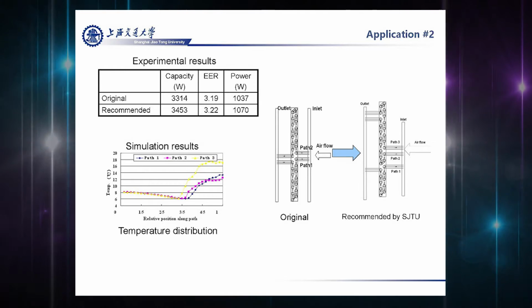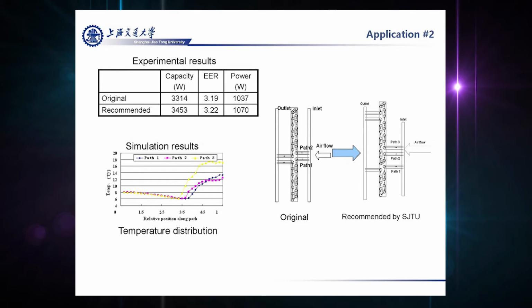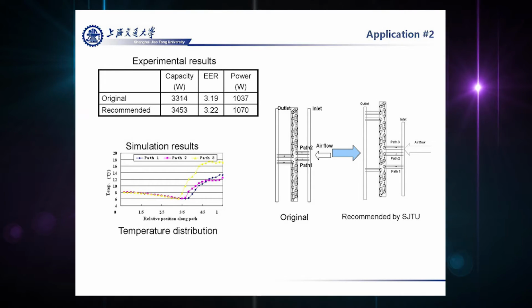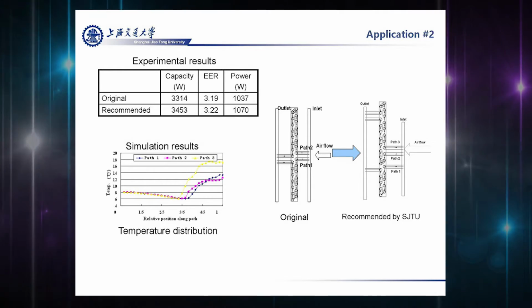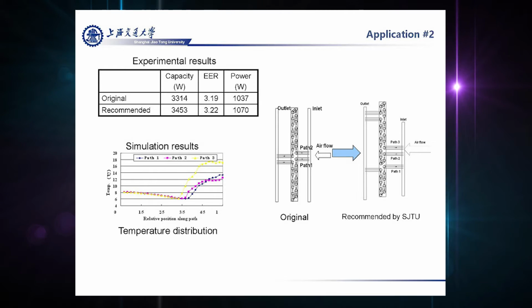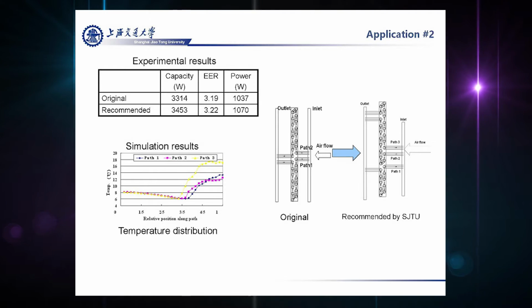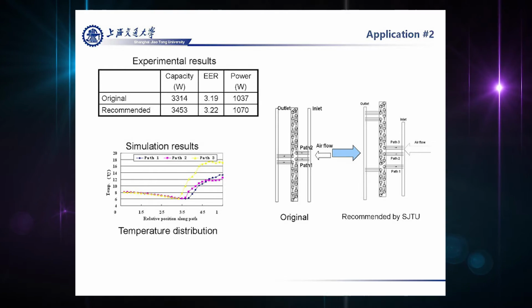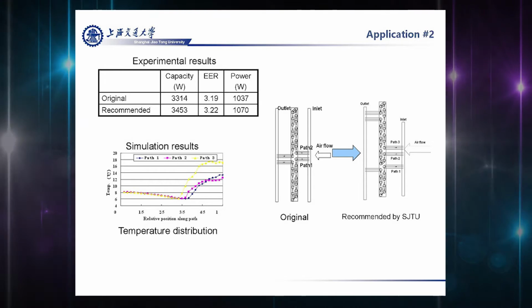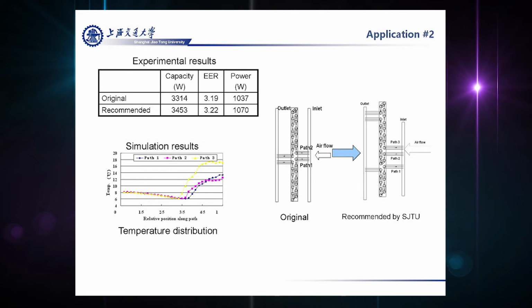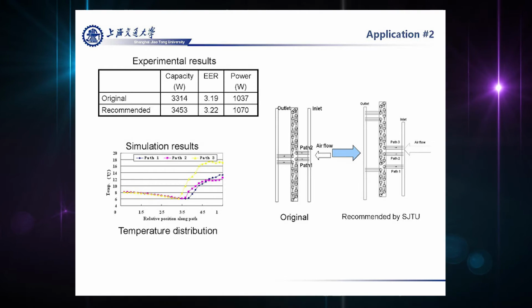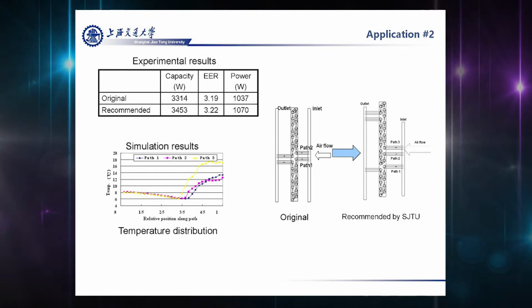In regions with larger airflow, we should use shorter tube lengths, and in regions with small air velocities, we should use longer tubes. And this is what we get.